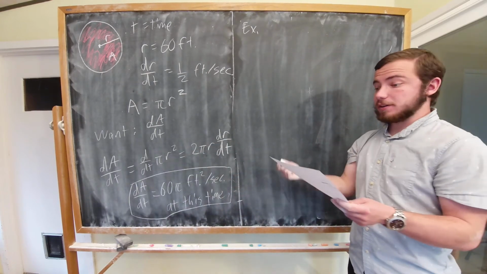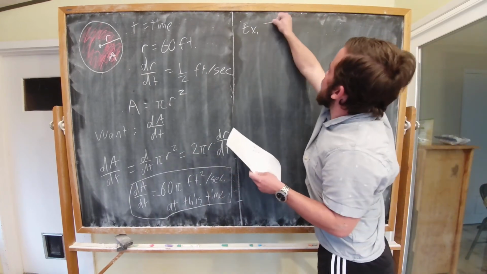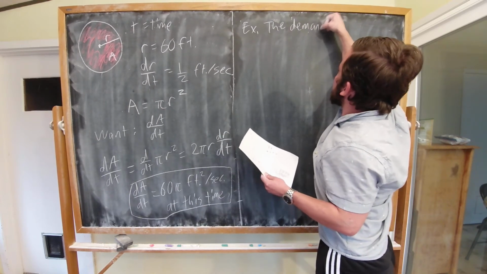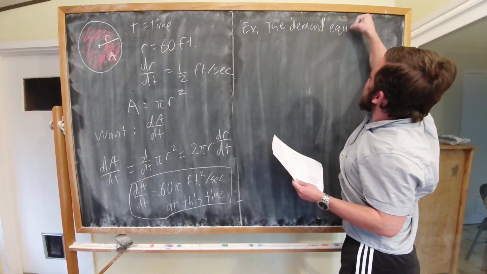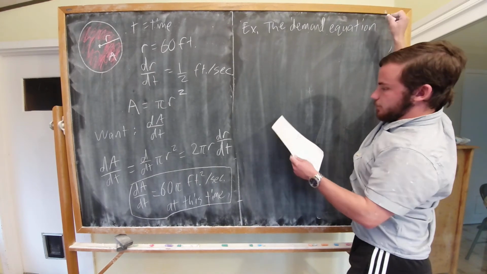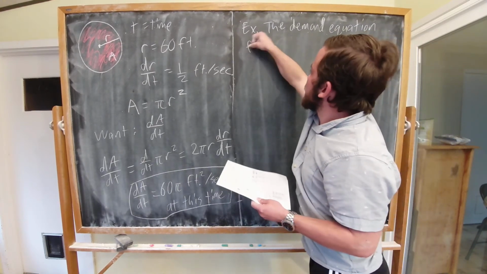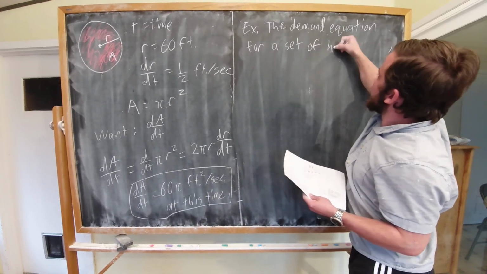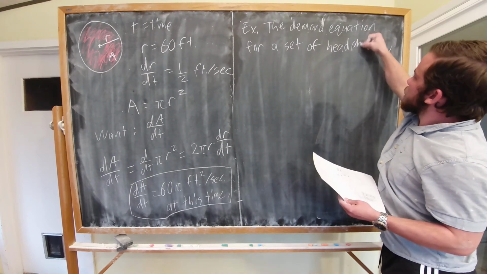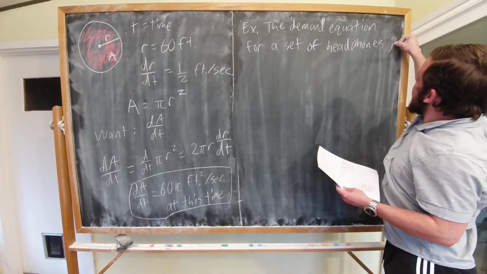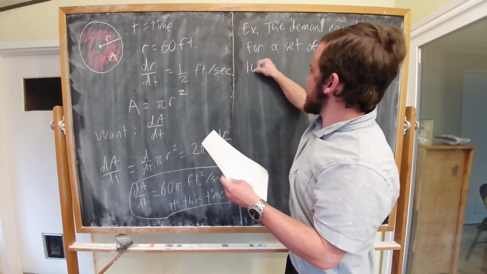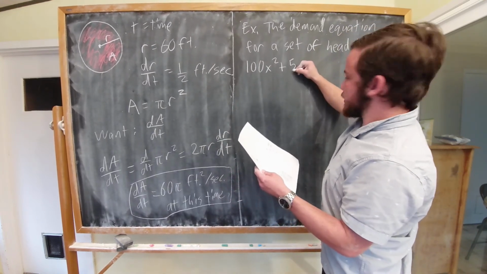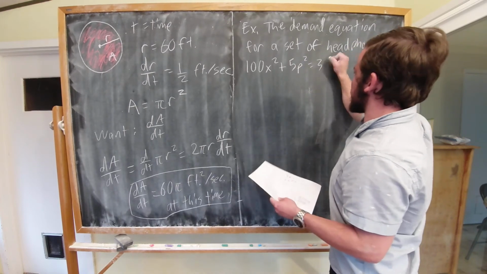Let's say that the demand equation for a set of headphones is 100x squared plus 5p squared is equal to 3600.